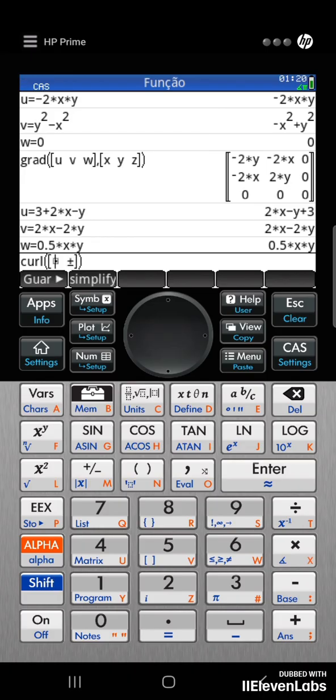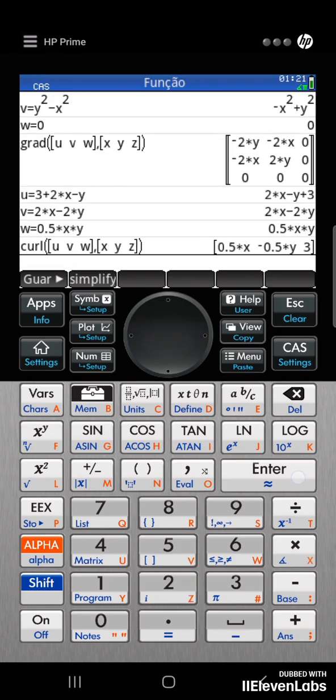In my bracket, I will put the components of my velocity vector. What are these components? They are the components u, v, and w, for x, y, and z respectively, right? And here I will write in my argument x, y, z.